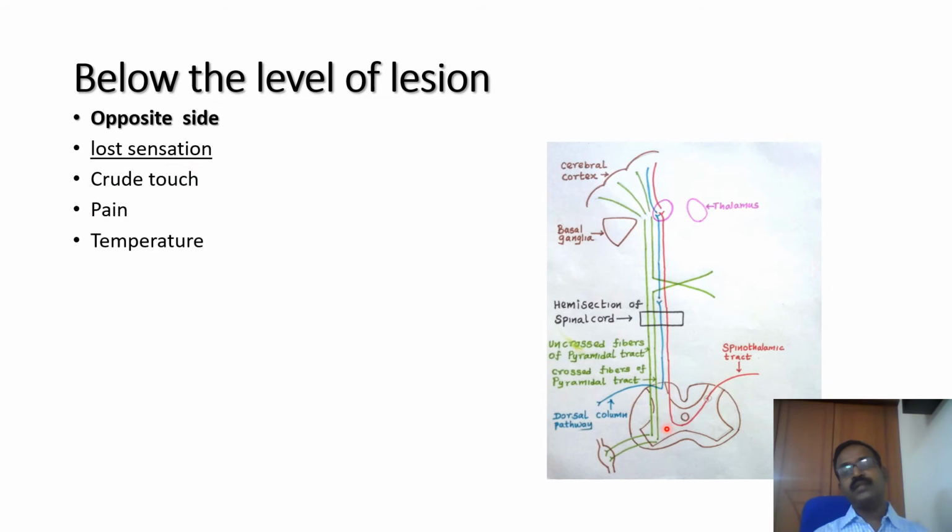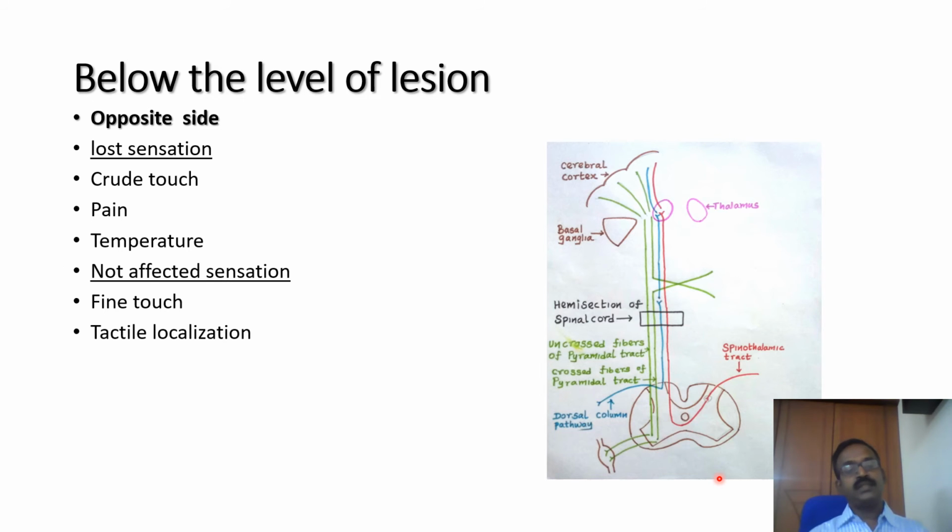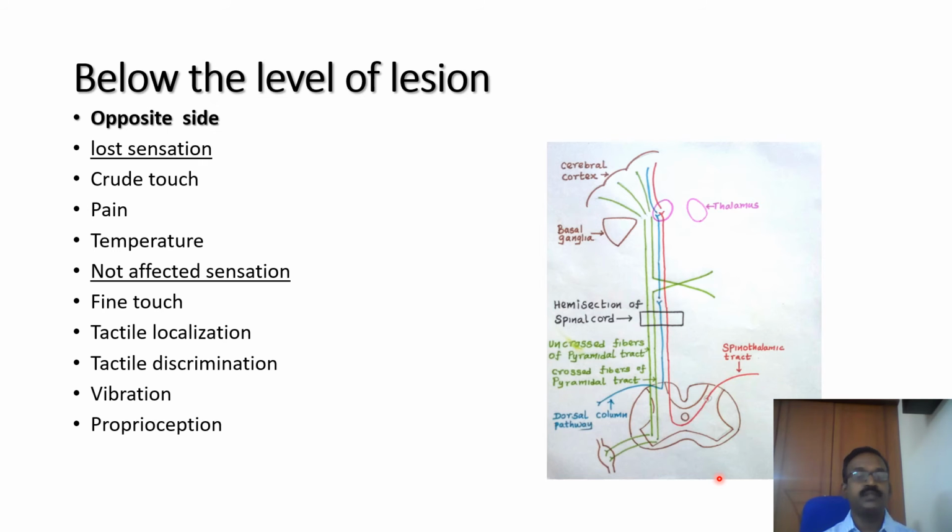On the opposite side, the spinothalamic tract crosses into this place, so below the level of the lesion the spinothalamic tract sensation is lost. Sensations not affected are the dorsal column sensations below the level of the lesion on the opposite side: fine touch, tactile localization, tactile discrimination, vibration, proprioception, and stereognosis.